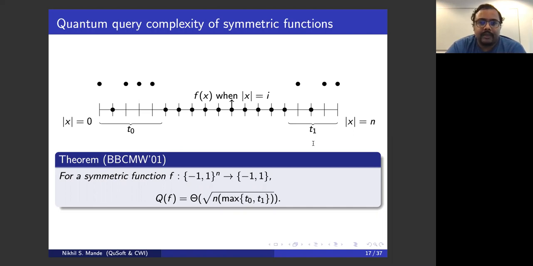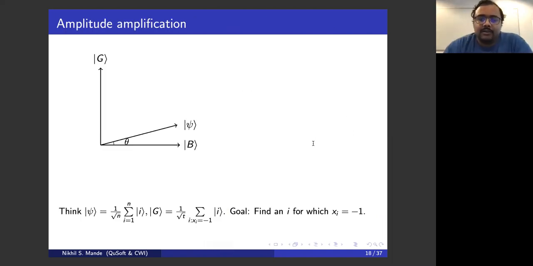Great. Okay, so now let's say you're trying to solve OR using Grover search algorithm, or more generally, amplitude amplification. I want you to think in the background, there's a hidden string x, an n-bit string. And your goal is to find an index i for which x_i is equal to -1. Your initial starting state is a superposition over all indices.